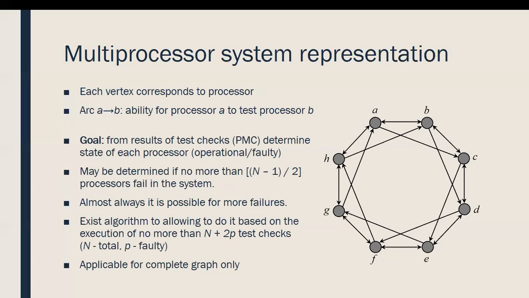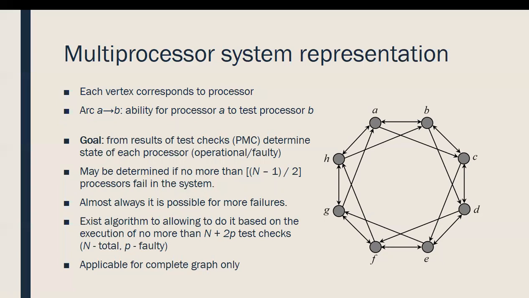It has been proved it is possible if less than half of all processors of the system are faulty. It's described here. However, it also was shown that almost always it is possible for a larger number of faulty processors. There also exists an algorithm allowing to do it based on the execution of no more than n plus 2 times p test checks, where n is the total number of processors and p is the number of actually faulty processors.